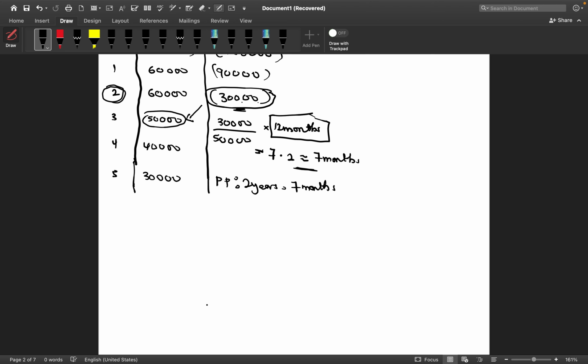So I move to the next part of the question. With this part, we were asked to find the discounted payback period.